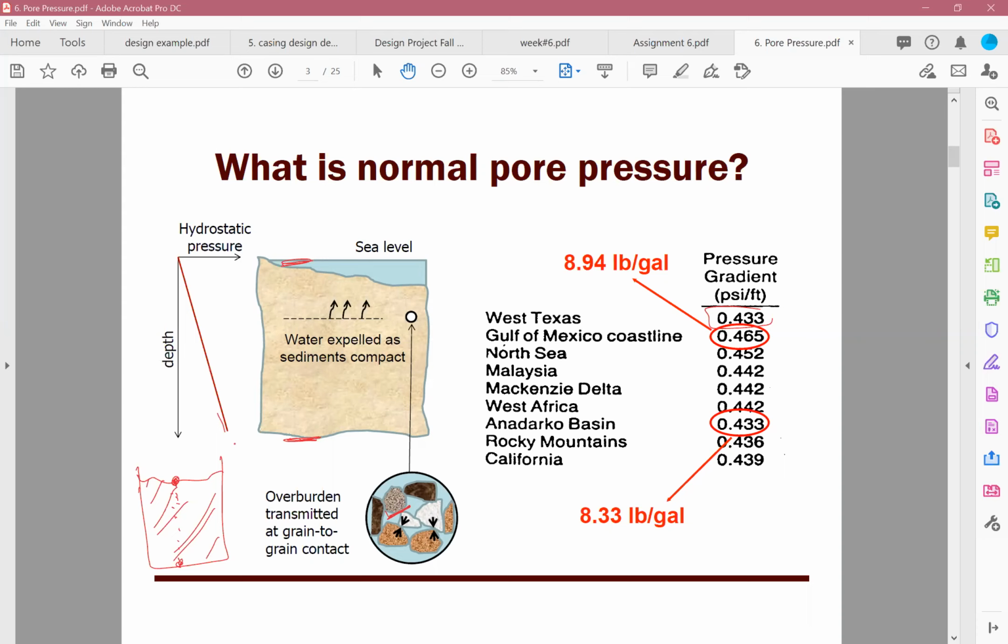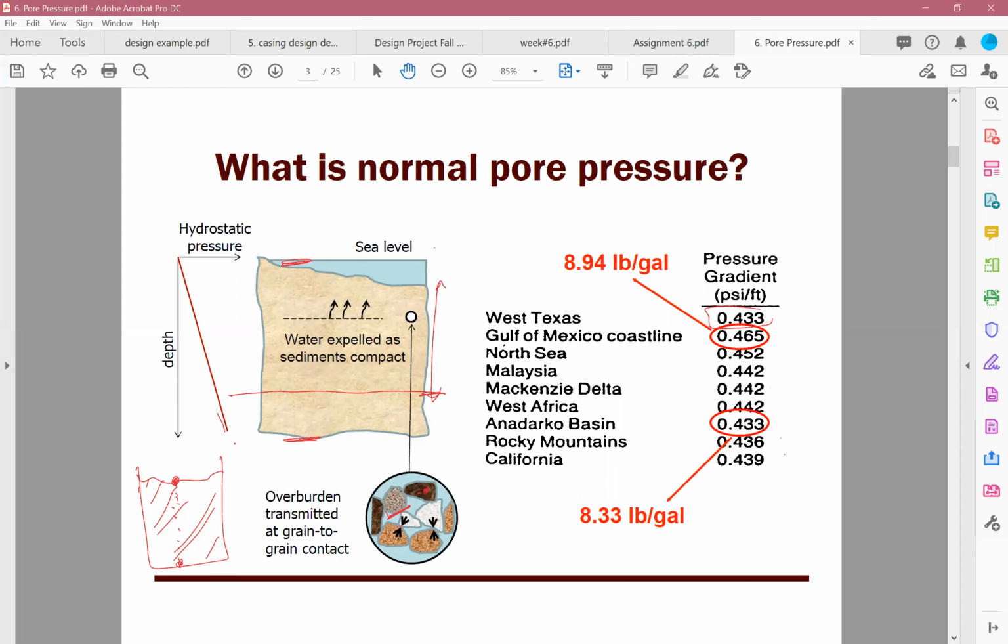And the overburden stress is basically the weight of the rock that you have at any depth. I think we didn't define overburden in this class. Overburden means whatever weight of rock you have above that formation. That overburden stress or pressure is transmitted by forces between different grains.